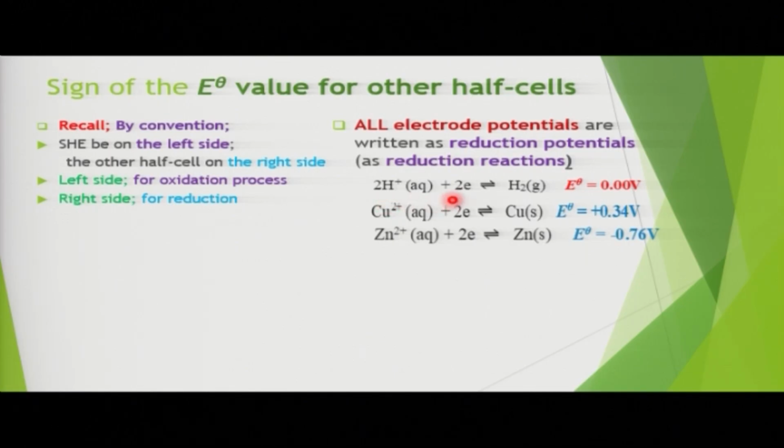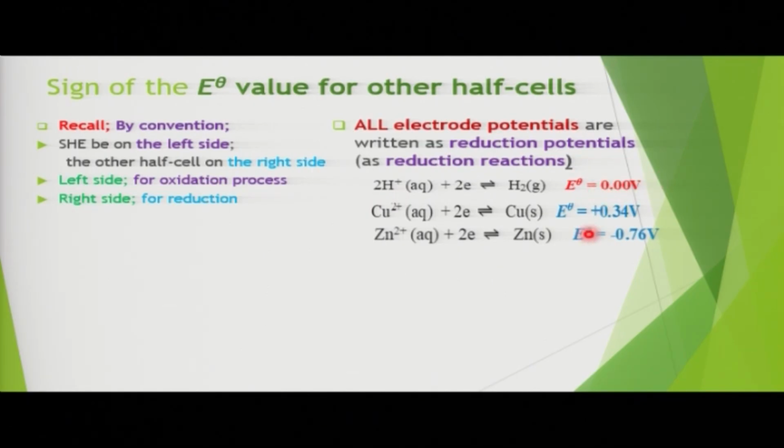Hydrogen is gaining electrons, copper is gaining electrons, zinc is gaining electrons. Reduction, gain of electrons. So you will always see electrode potentials written like this. When they are written like this, there is an implication that comes with the sign of the standard electrode potential. Look closely at copper and zinc.